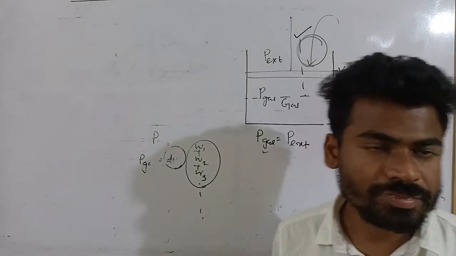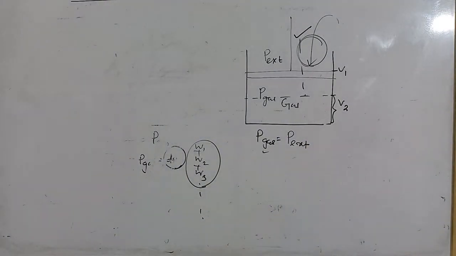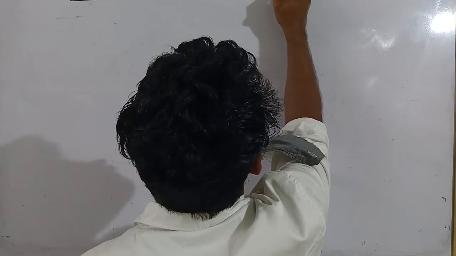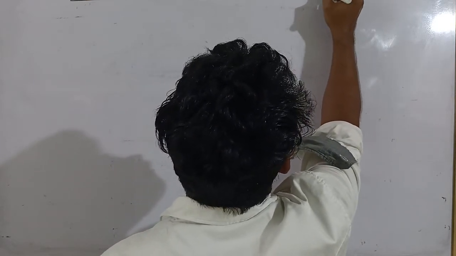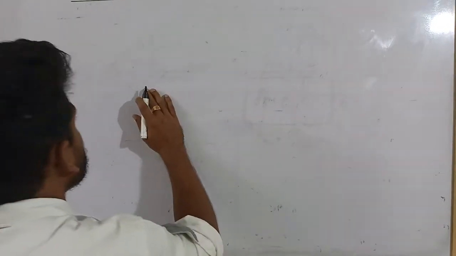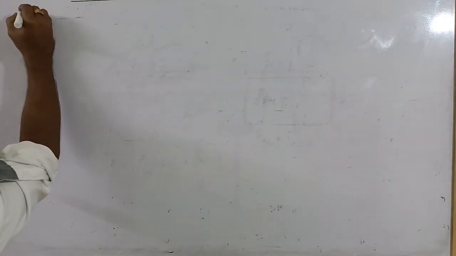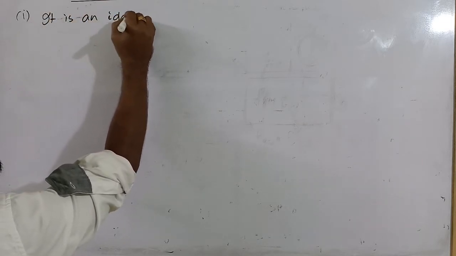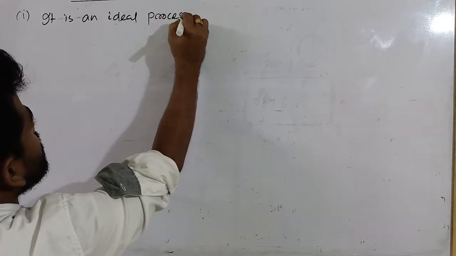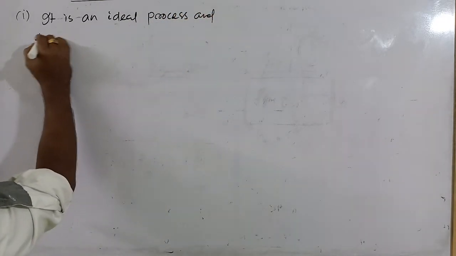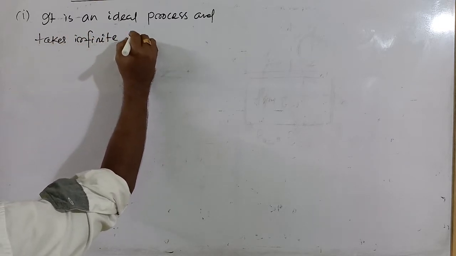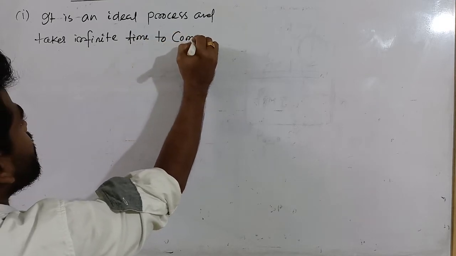So now let's differentiate between reversible and irreversible processes. First point: a reversible process is an ideal process and takes infinite time to complete.